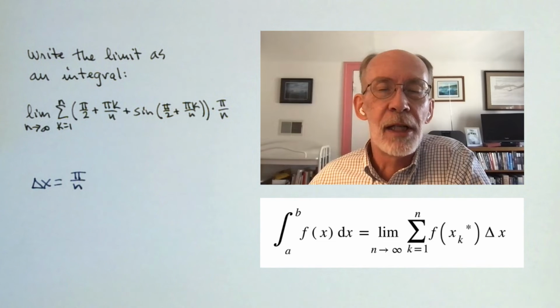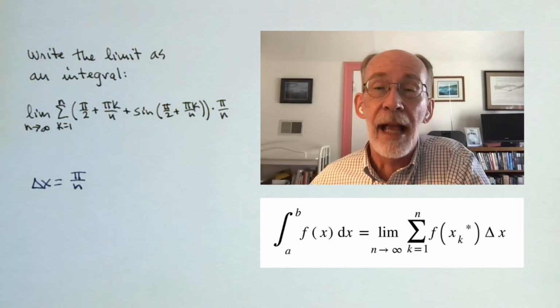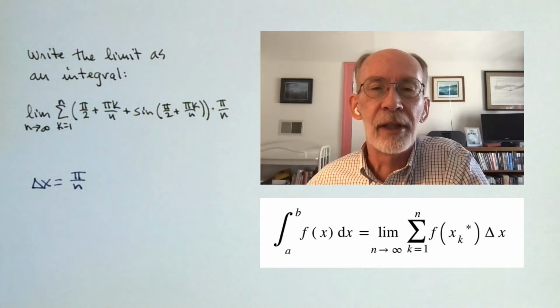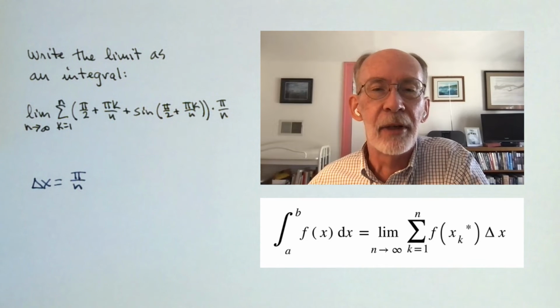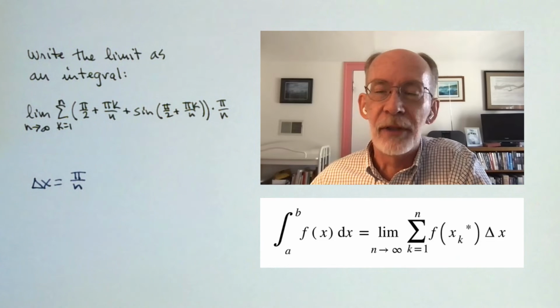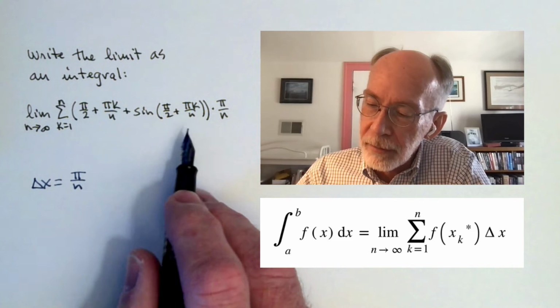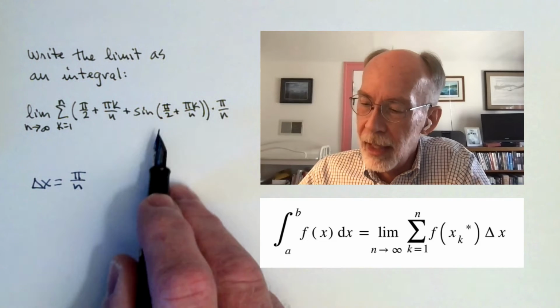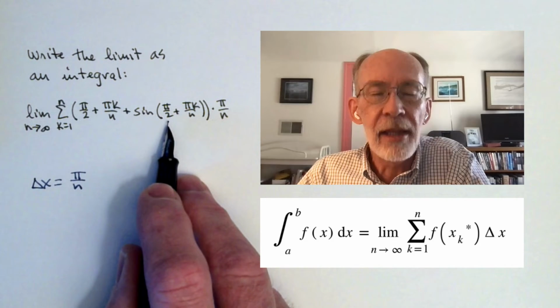And if you'll recall, your x sub k stars are a plus some constant times delta x, and that constant's either k or k minus 1 or k minus a half in the civilized world. So it's a decent bet that that is k delta x, which means it's a decent bet that that's a.